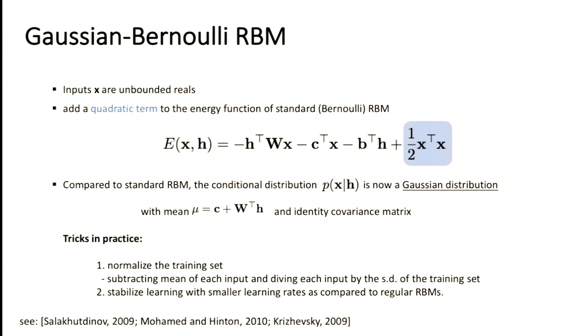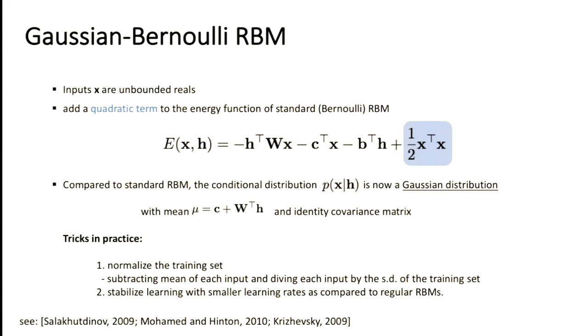The difference being that now you just have an additional quadratic term introduced in your energy function, and the conditional distribution of your visible given the hidden is considered to be a Gaussian distribution with a mean which is essentially equal to the bias associated with your visible unit c plus the product of your weights between visible and hidden and the activation of hidden nodes.